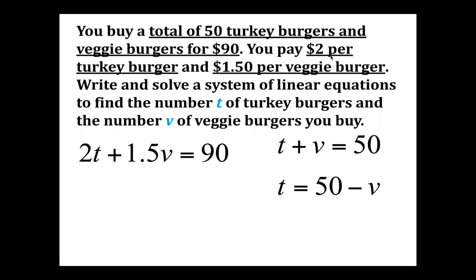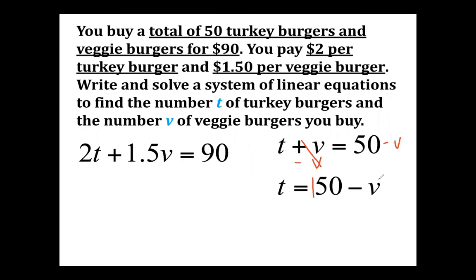You can also set this equation to v if you'd like, or you can set 2t plus 1.5v equals 90 to either t or v, but again, just try to simplify the process and identify which one would be easier to rearrange. So my rearranged equation would be t equals 50 minus v.